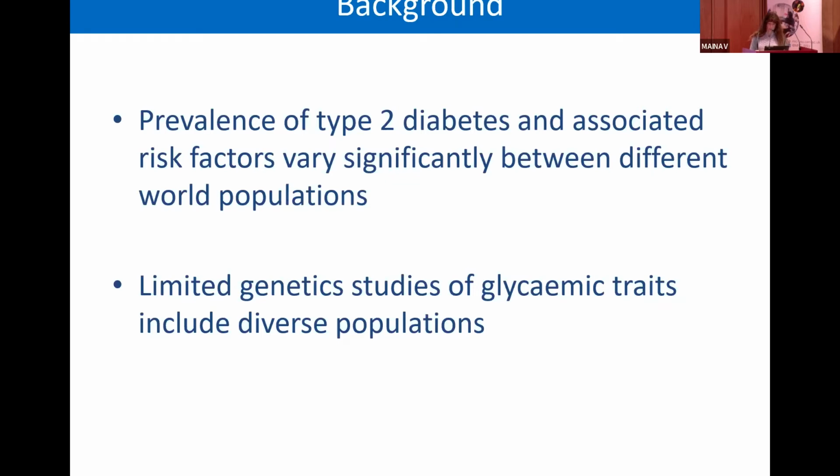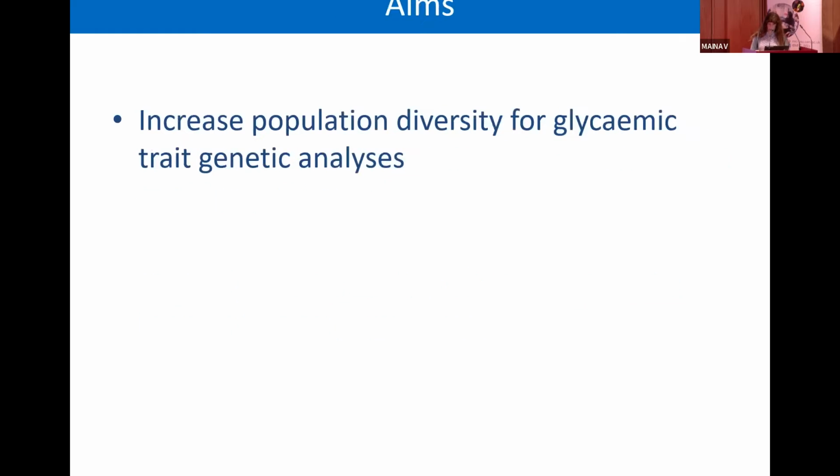So what I'm going to talk to you about for the rest of the talk is a study that we did over an embarrassingly long period of time, which I won't tell you, but which was finally published last year, where we tried to increase diverse representation in studies of glycemic traits.